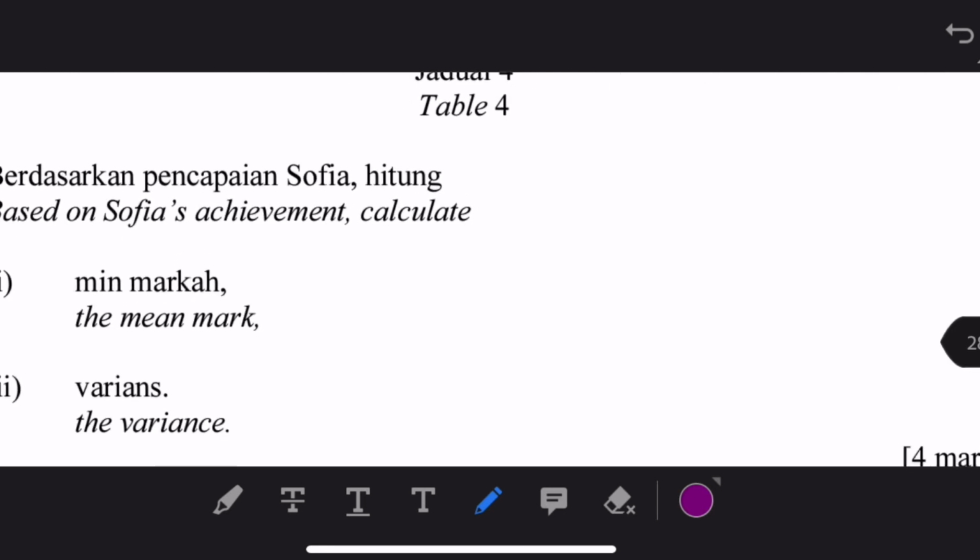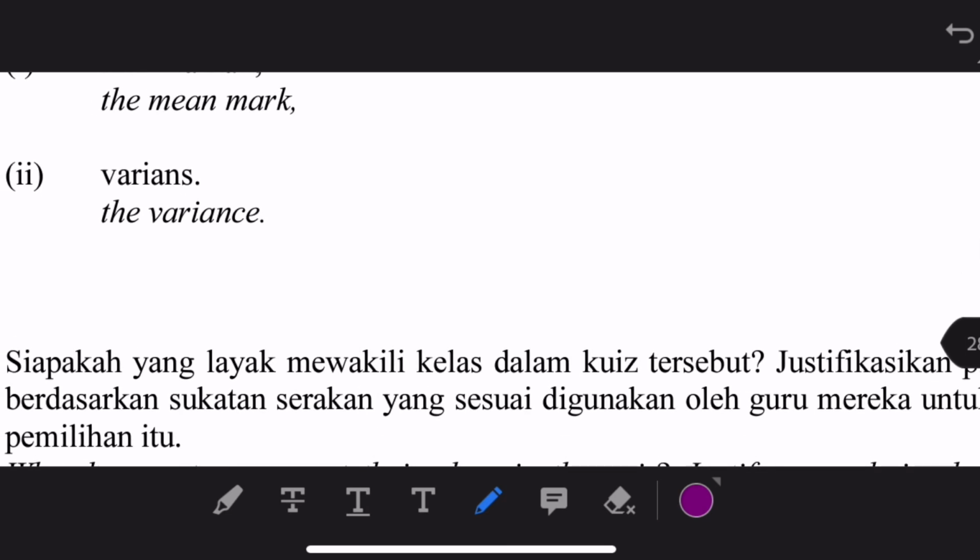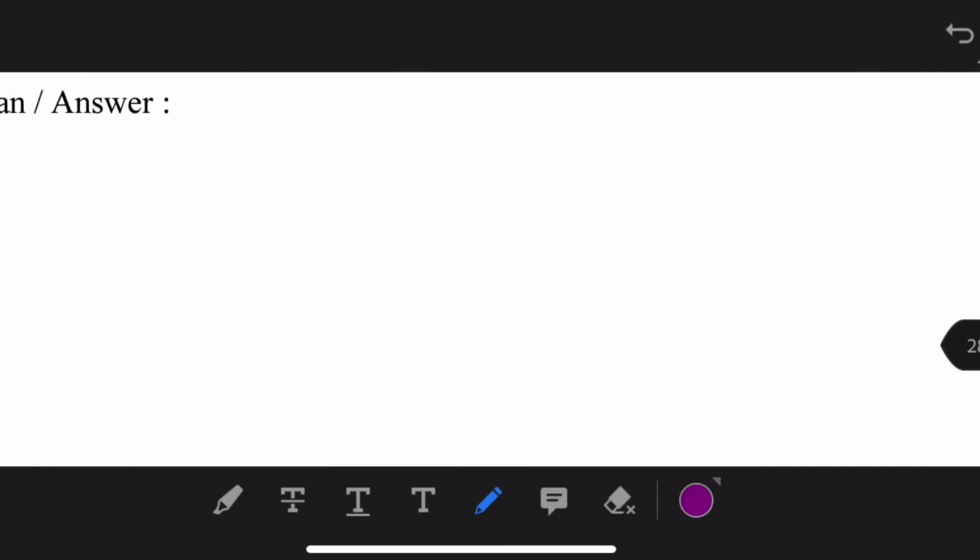If you look at the marks, you are not sure which one is the better candidate for representing the quiz. So let's find the mean and the standard deviation for both of them.